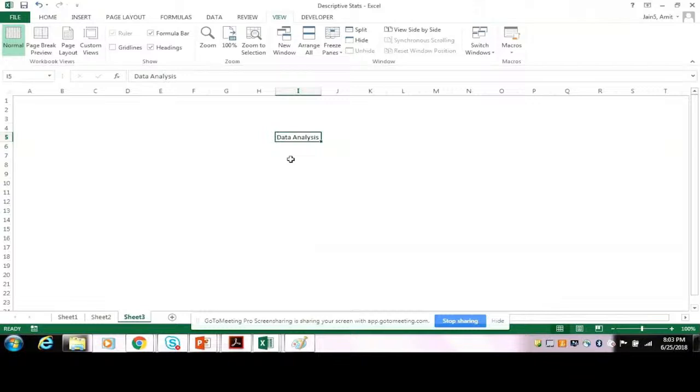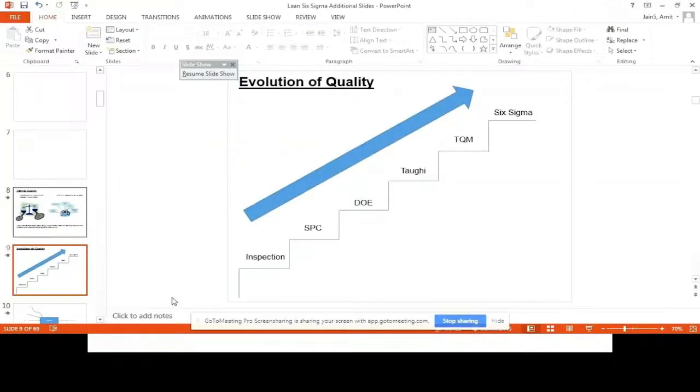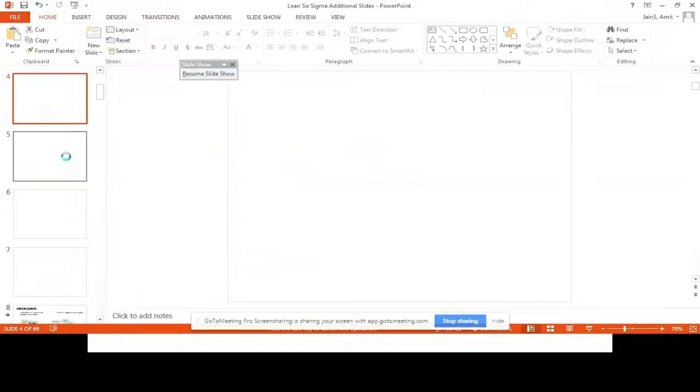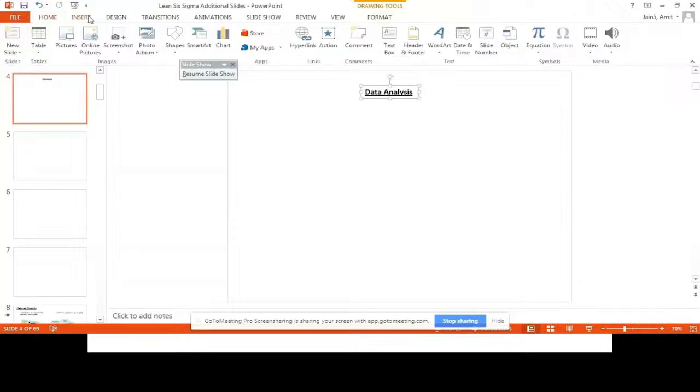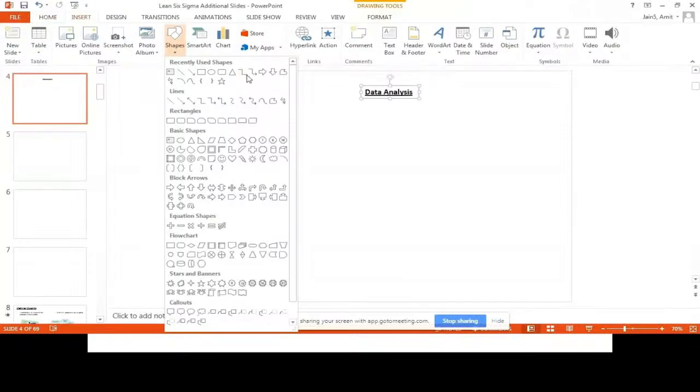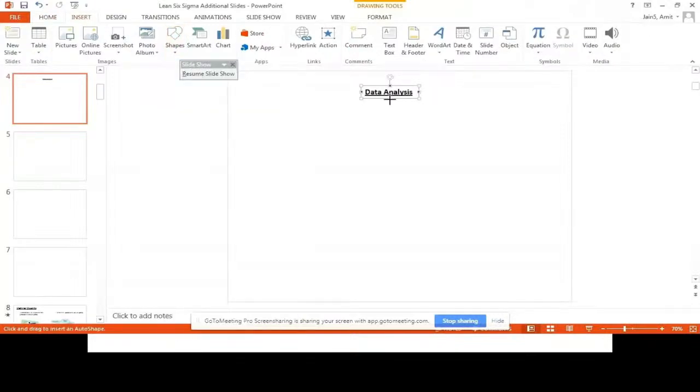Let's try to understand how we would analyze any data. Any data set that you have, there would always be two ways of looking at it. Let me just use the slide.